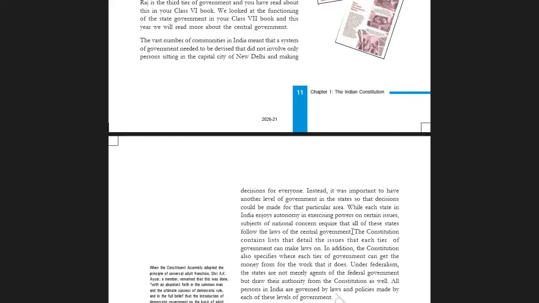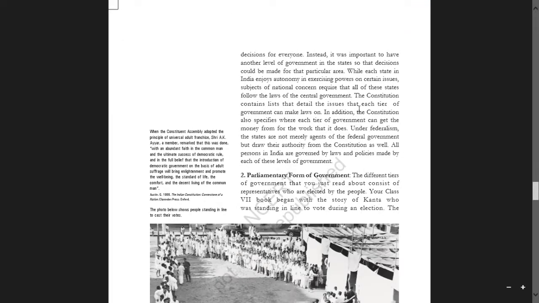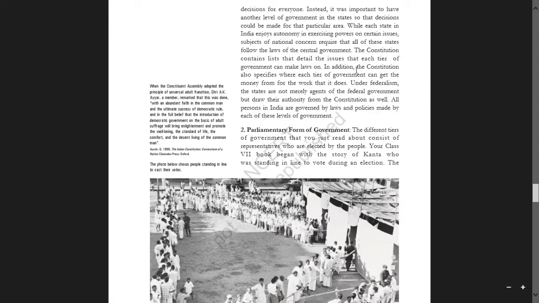Children, while each state in our country enjoys the right or condition of self government in exercising powers on certain issues, subjects of national concern require that all of these states follow the laws of the central government. Here, the laws which are made by the central government have to be followed.